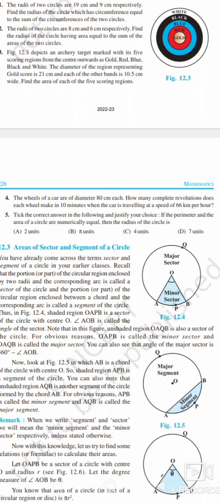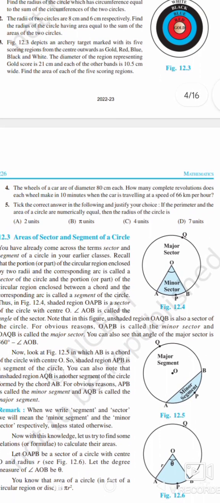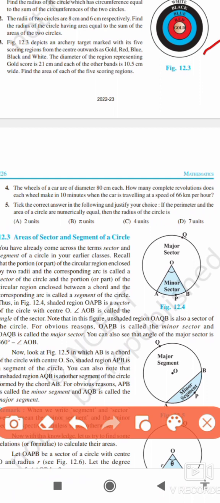Figure 12.3 depicts an archery target marked with 5 scoring regions from the center outwards as gold, red, blue, black and white.